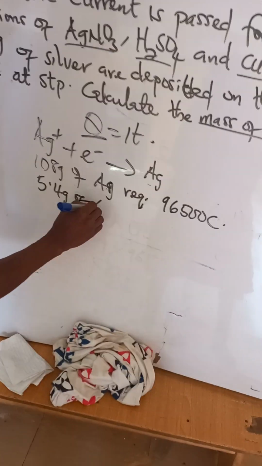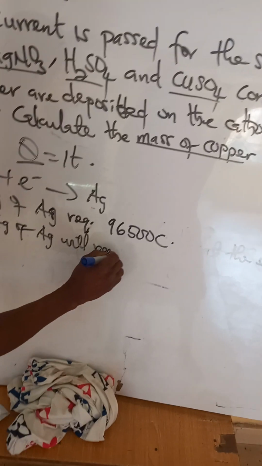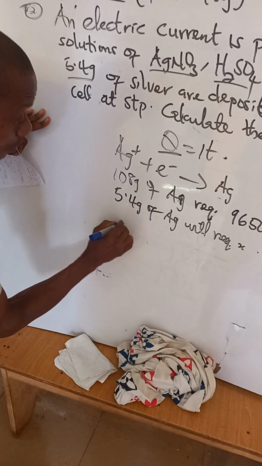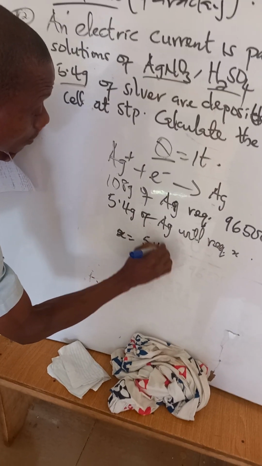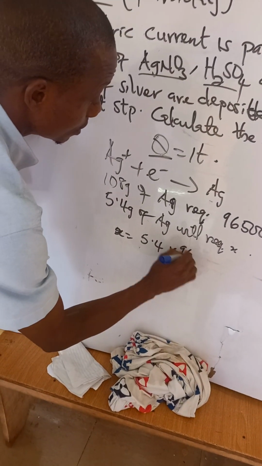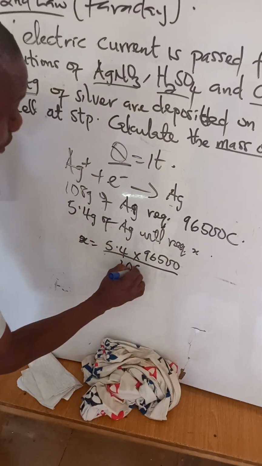Therefore 5.4 grams of silver will require X. So X is equal to 5.4 multiplied by 96500 divided by 108.